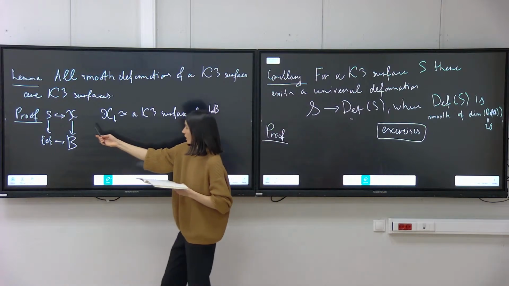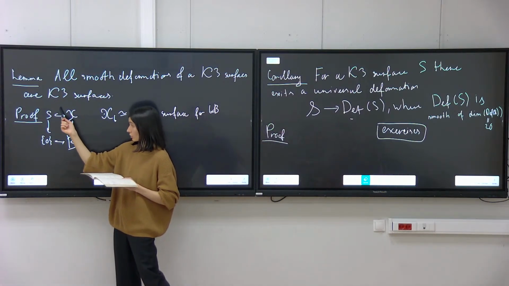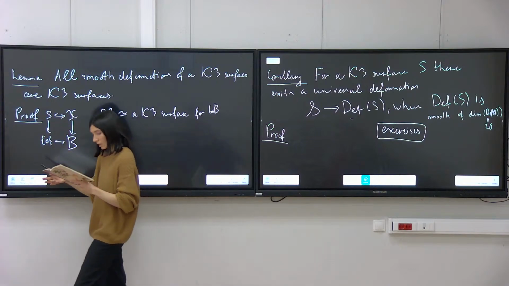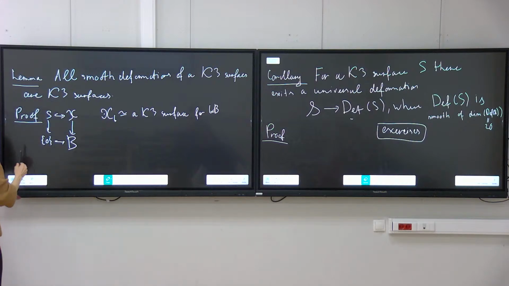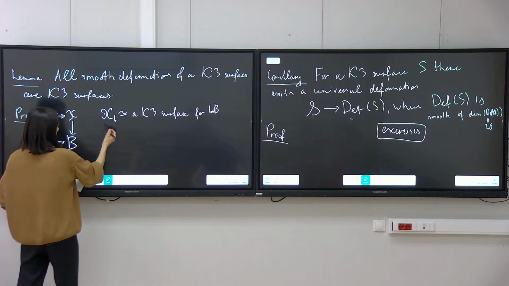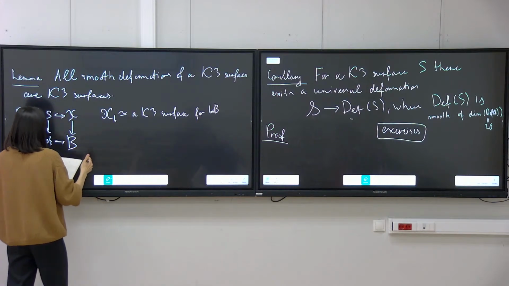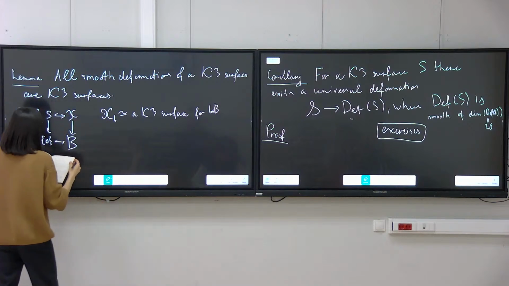So all fibers of a deformation of a K3 surface are still K3 surfaces. Okay? What I need to show, so suppose that we have X_b, a fiber over some point b.